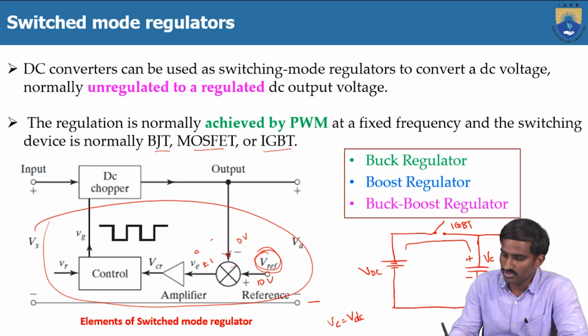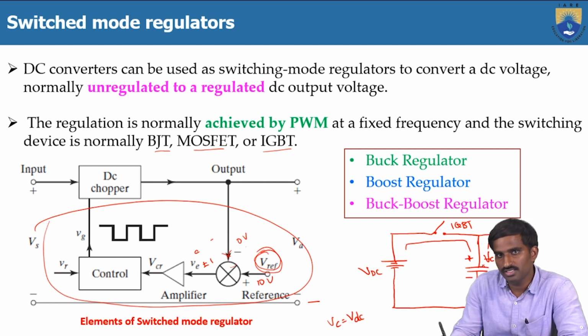Before, it was plus and minus while charging. While discharging, it will change the terminals, with minus and plus, and then it will discharge through the load. While discharging, the capacitor acts as a source to this particular load, or this capacitor will supply the energy to this load.